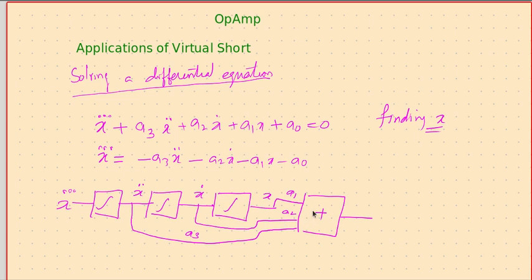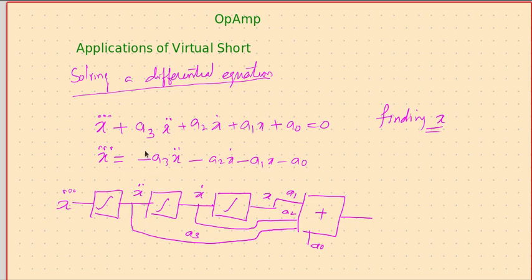There is a negation here in the adder circuit, as we have seen. That makes this negation as it is, and we have one more, which is the constant a naught. So what it is going to give is minus a naught, minus a1 times x, minus a2 times x dot, minus a3 times x double dot is what is available here.